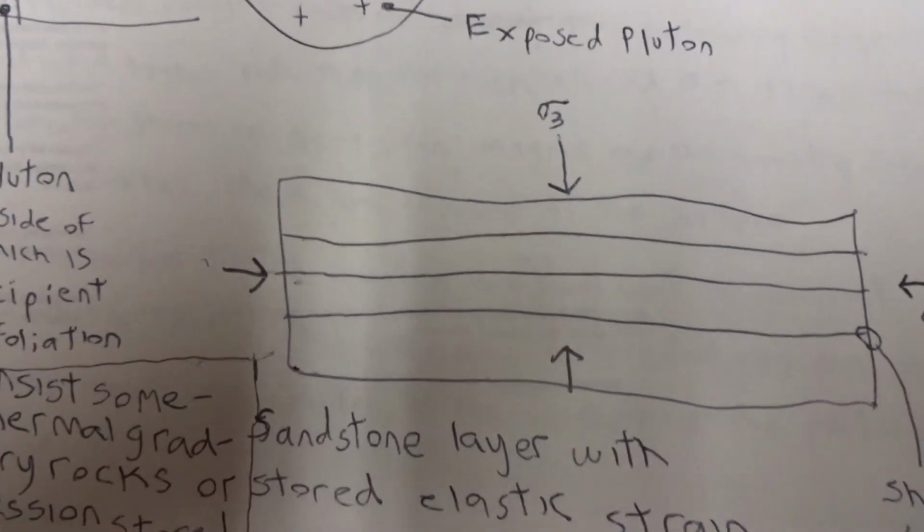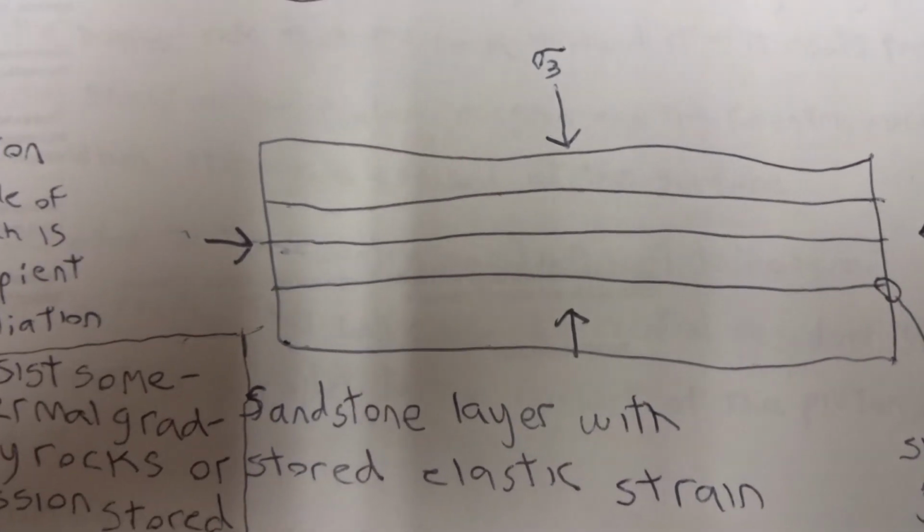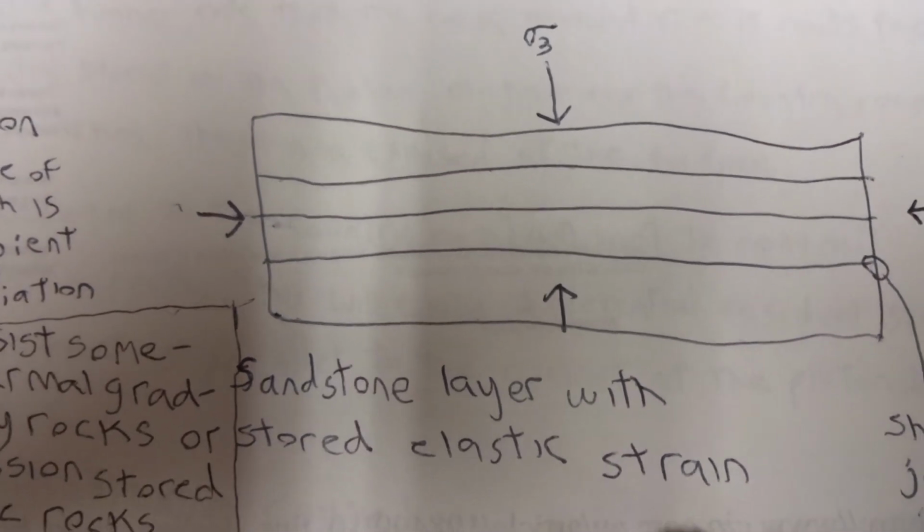Residual stress can consist sometimes of differential thermal gradients in pluton and country rock, or elastic compression stored in sedimentary clastic rocks like sandstone. Here's a diagram. Sandstone layer with stored elastic strain.